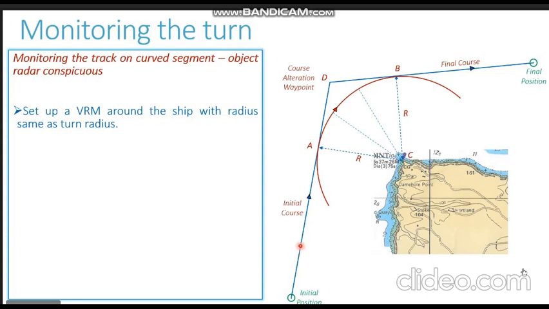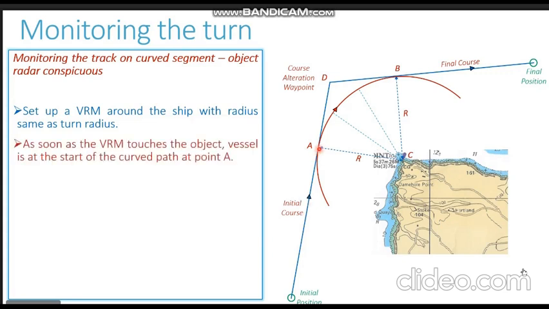So the VRM is set up. Now while moving on the initial course, as soon as the vessel reaches point A, we will observe that this is the point where the VRM which we had set up is passing exactly over the center of our turn.